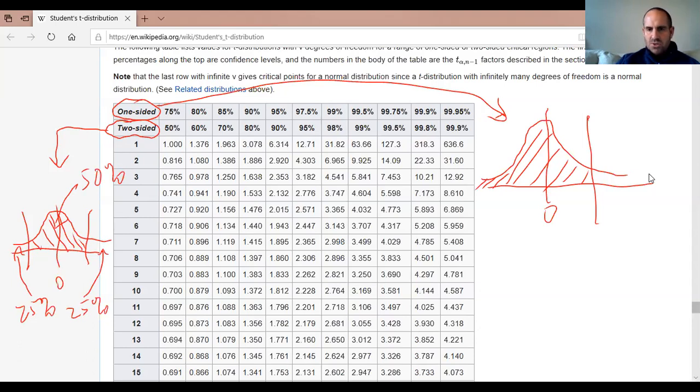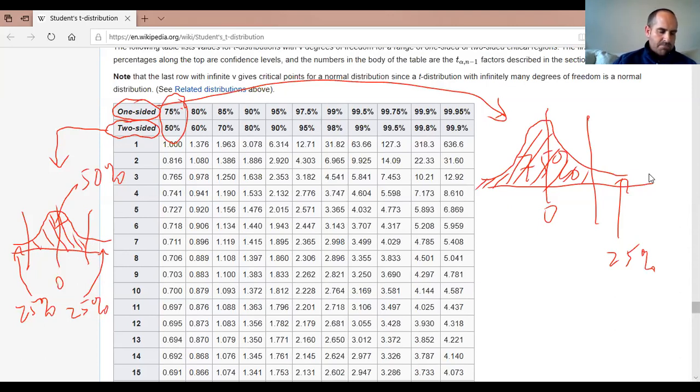If this was supposedly a copy of the same situation over here on the right, then all of a sudden I would have 25% here. And what percent would I have below? Well, there would be 75%. Okay, so that's why you have 75% for the one-sided, and then they have 50% for the two-sided situation.